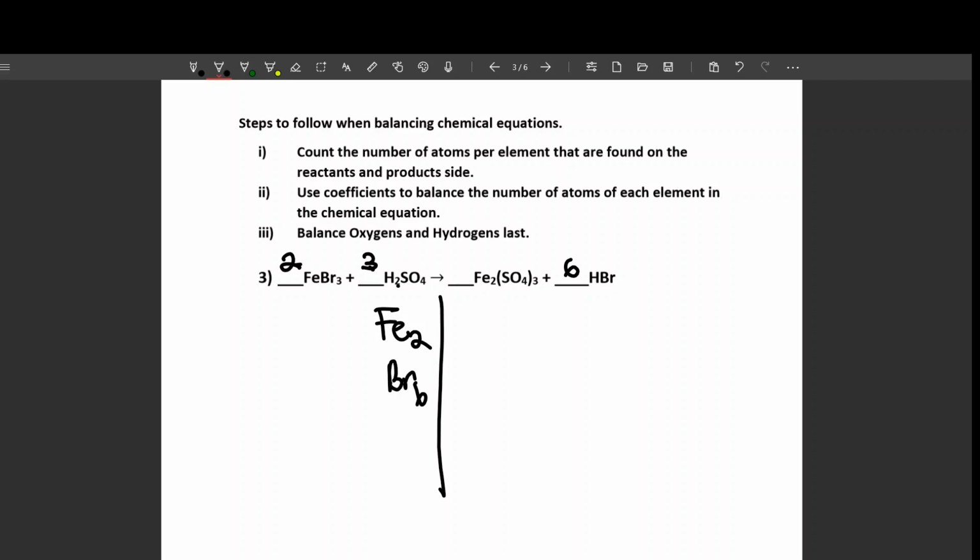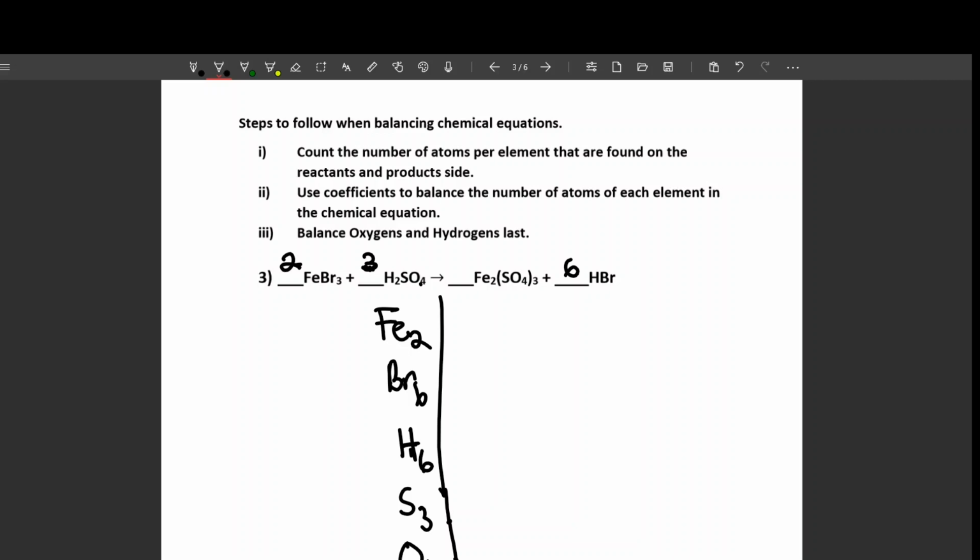We have 6 sulfur, 6 hydrogen, because it's 3 times 2. We have 3 sulfur, because it's 3 times 1 sulfur. And then we have 3 times 4, which is 12, so we have 12 oxygens.